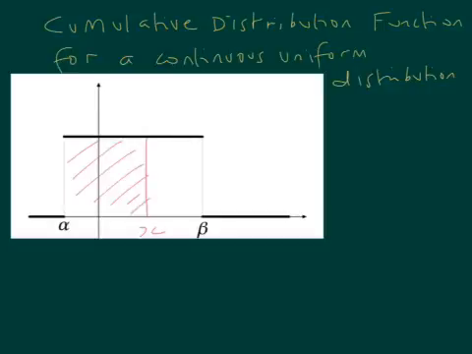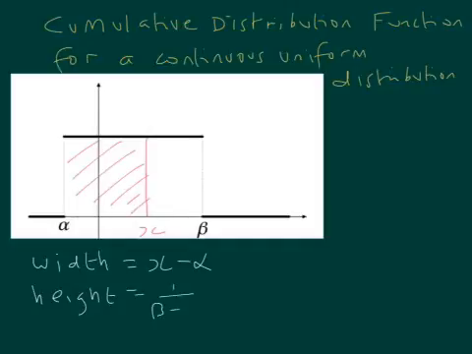So the width is clearly x minus alpha, and the height, we did that before, we worked out the formula for the probability density function, and we got 1 over beta minus alpha. So the cumulative distribution function is 0 when x is less than alpha.